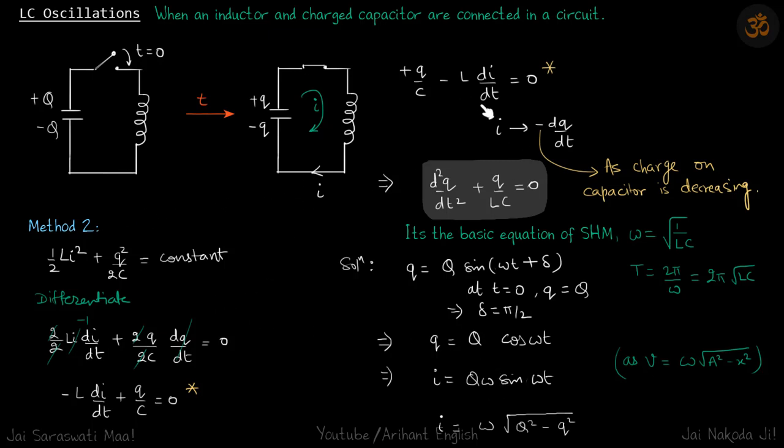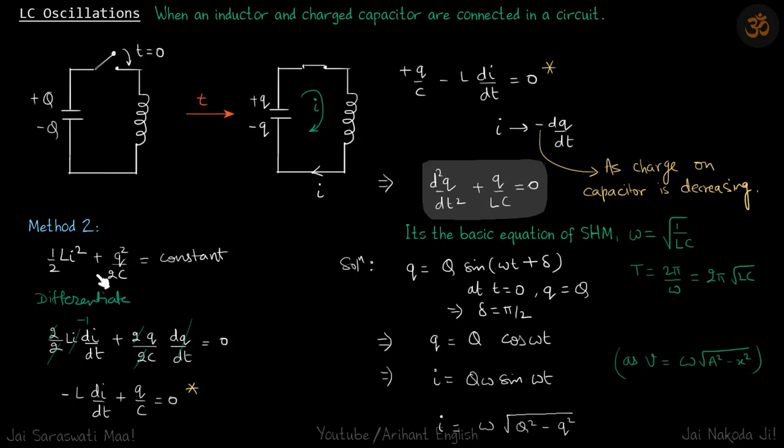Now this is one approach to get this equation. Another approach is the energy method, where you just write the total energy, and that is a constant. So the total energy of the system at any time t will be half L i square plus q square by 2C. If the current I is flowing and the charge is plus q, the energy stored in the capacitor is q square by 2C, and the energy stored in the inductor is half L i square.